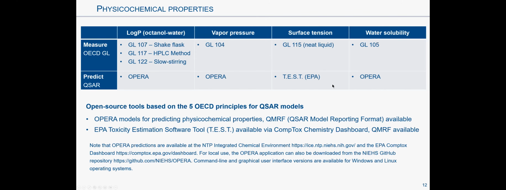There is no OPERA model available for surface tension. For this one, we use TEST. All of them are open source tool-based methods that were developed according to the five OECD principles for QSAR models. So it means that they have a QMRF, or a QSAR model reporting format. And then here you can see the sources where you can obtain such a kind of data.